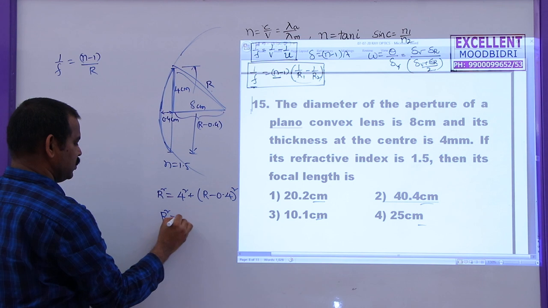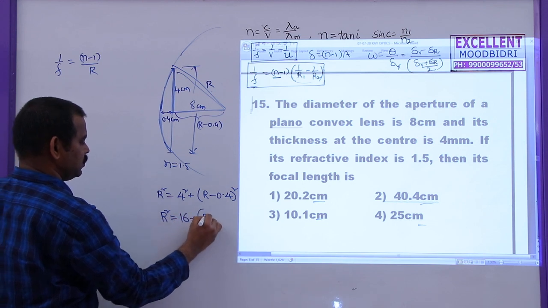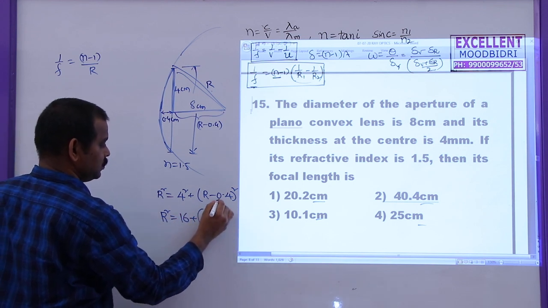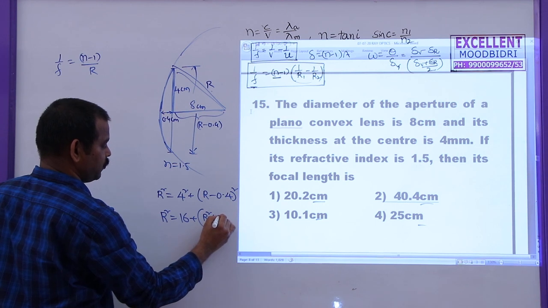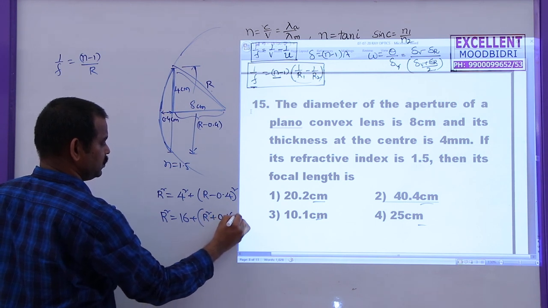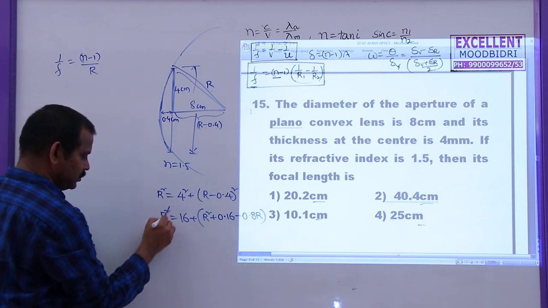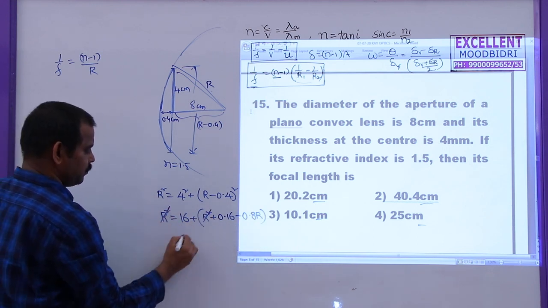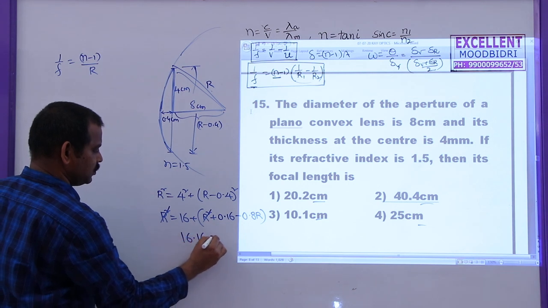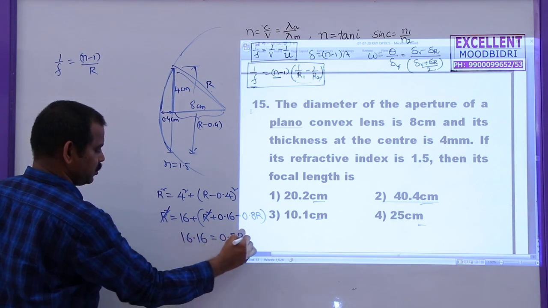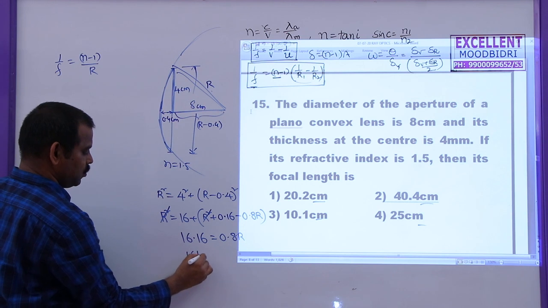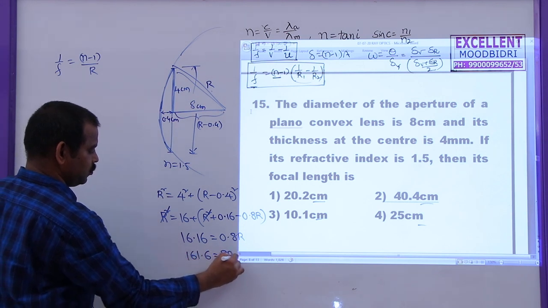So this r square is equal to 16 plus r square plus 2ab, that is 0.16 minus 0.8 r. Now you can cancel this r square and r square. This will become 16.16 is equal to 0.8 r. Multiply with 10, 161.6 is equal to 8 r.